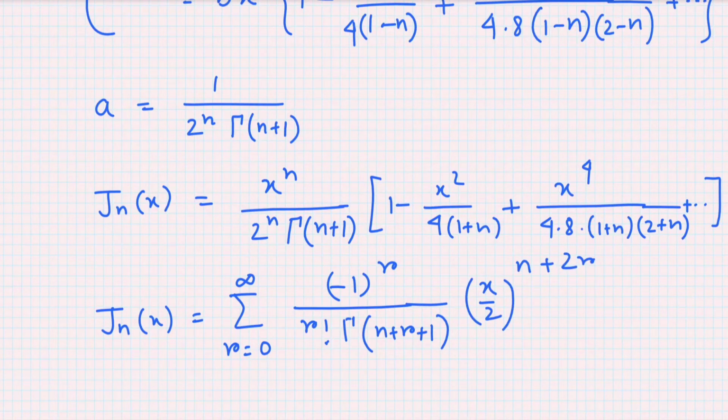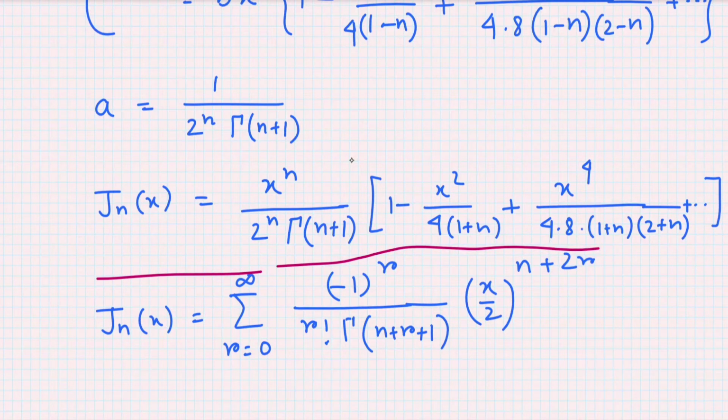So this is the Bessel function of first kind, denoted Jn(x).